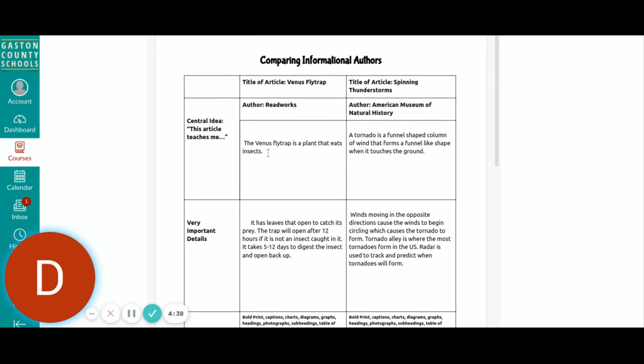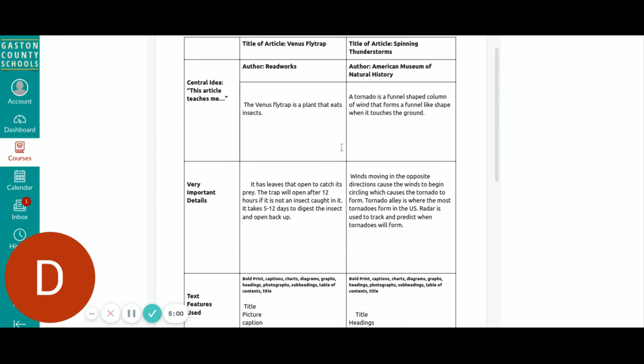So the central idea of Venus flytrap is that it is a plant that eats insects. Spinning thunderstorms is a tornado, a funnel shape of wind that forms a funnel-like shape when it touches the ground. Okay. So I can definitely see that although the topics of nature are the same, they have different central ideas. They teach me different information.